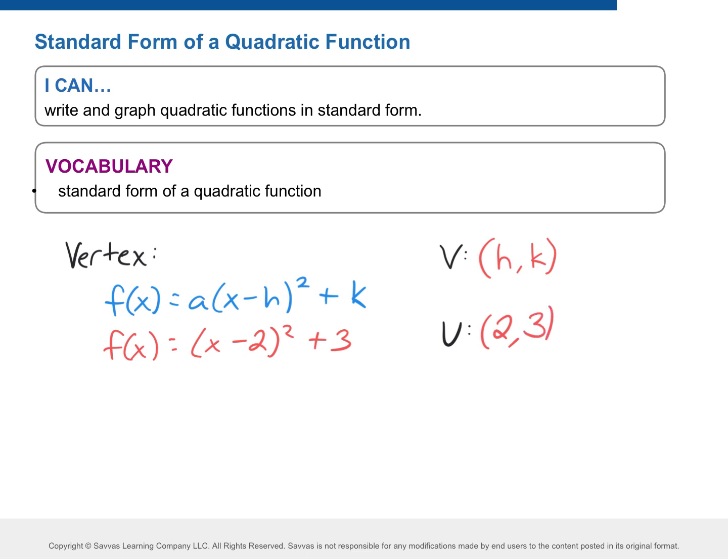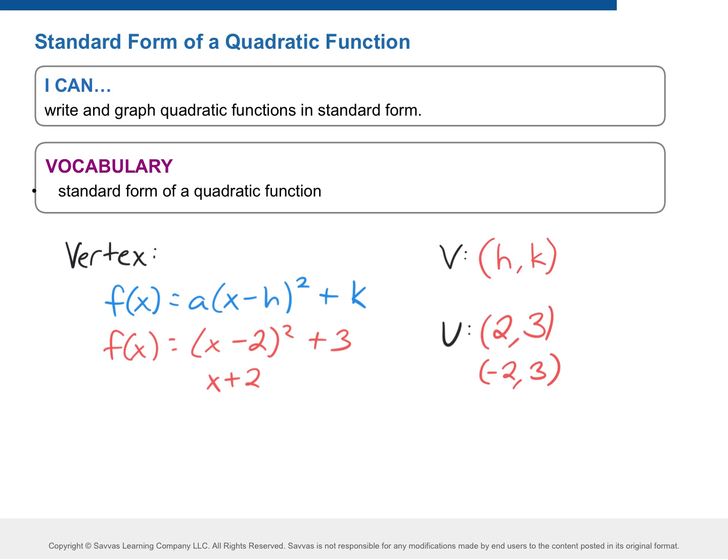Because remember, that x minus 2 means right 2. So that's why we want it to be a positive 2. If this said x plus 2, then what would our vertex be? Negative 2, 3. Yep. So that's our vertex form. It's called vertex form because you can pull the vertex out of the equation.